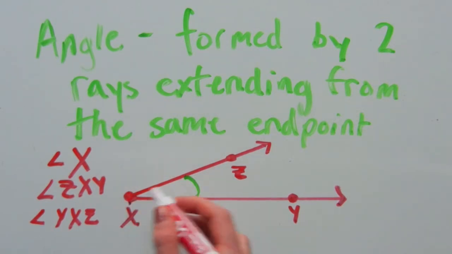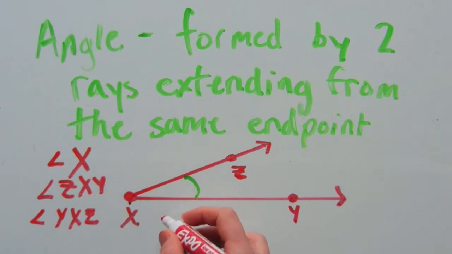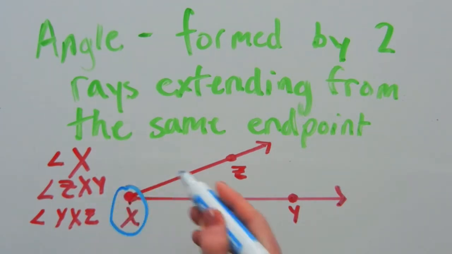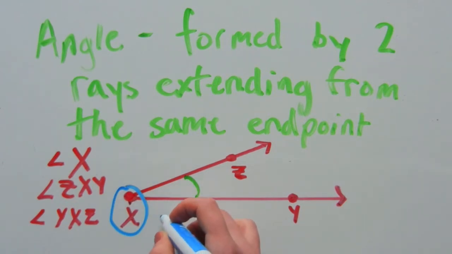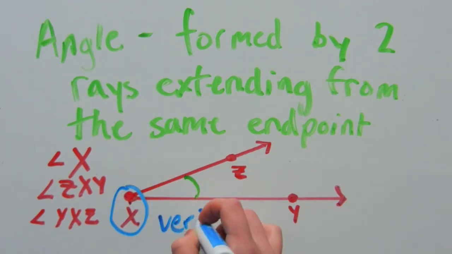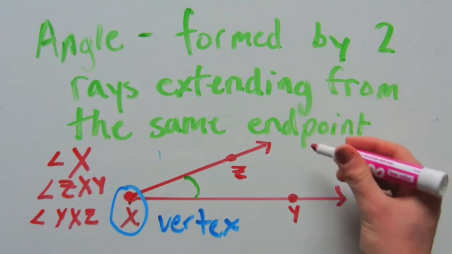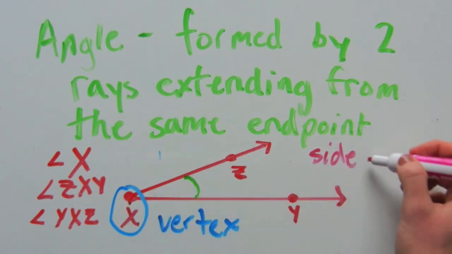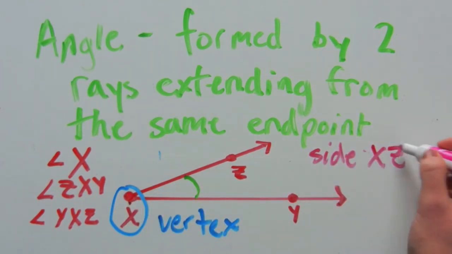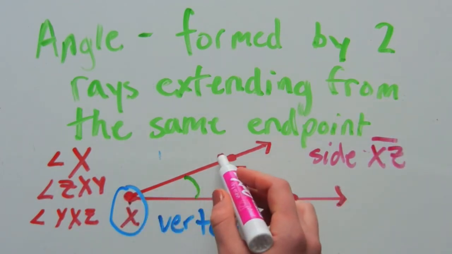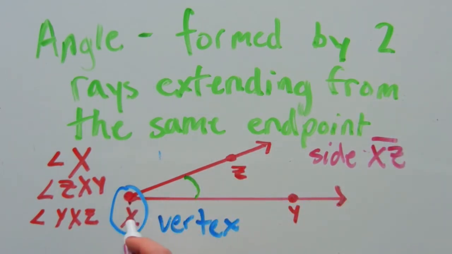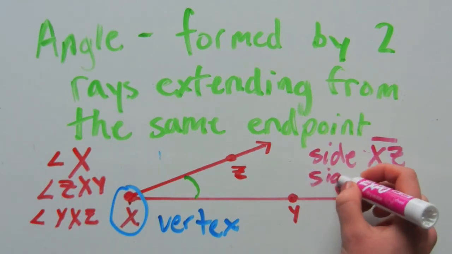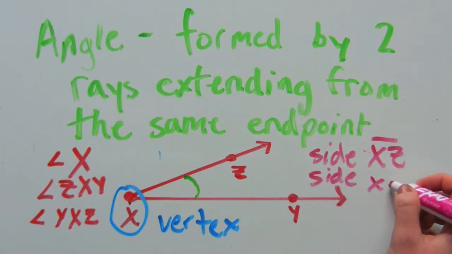X, the endpoint of both of our rays, is known as the vertex. So that point X is the vertex of our angle. The sides of our angles would be side XZ, which is 1, or side XY, which would be our second side.